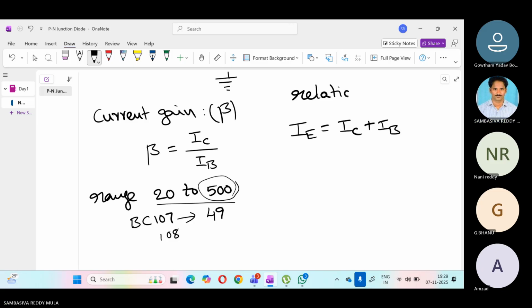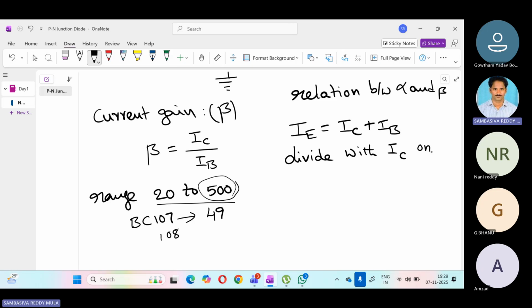Relation between alpha and beta. If we divide by IC on both sides, what will we get? IE divided by IC equals IC by IC, that is 1, plus IB by IC.